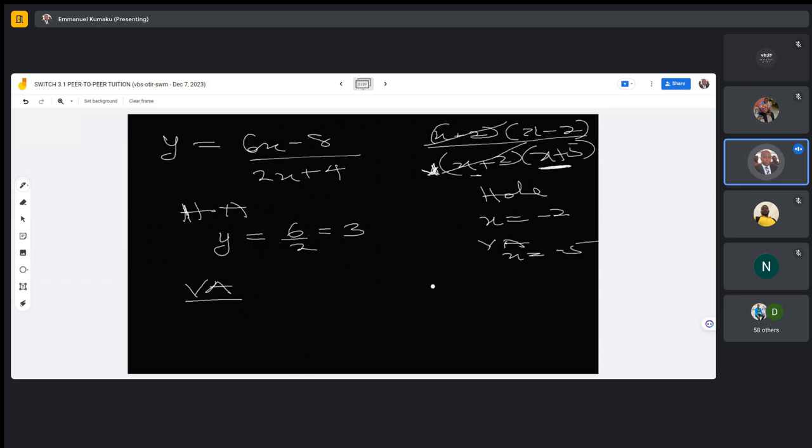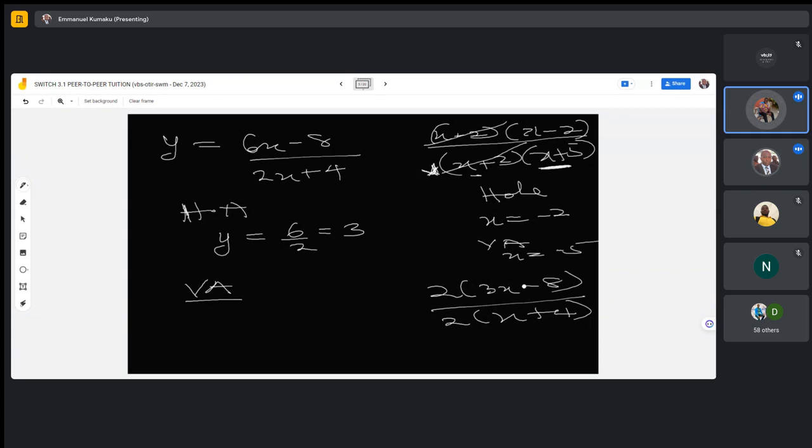I hope you understand what I mean. Here, if we factorize the top, we can factorize 2 out, and we have 3x minus 8 over here. We can factorize 2 out, s plus 4. So what is cancelling out are just constants. It's not x. So here there is no hole. If the 3x minus 4 here and here can cancel out, then we can say that will be a hole.